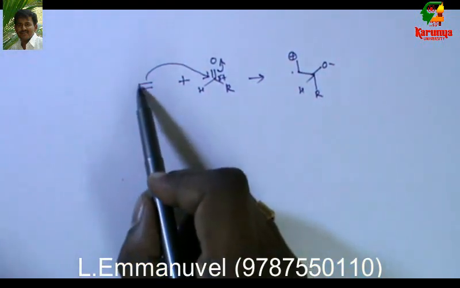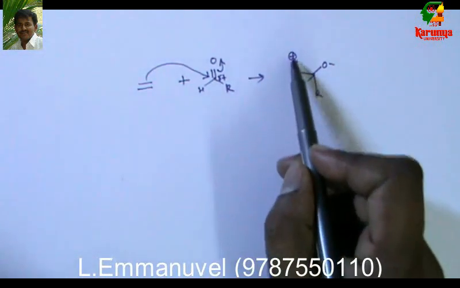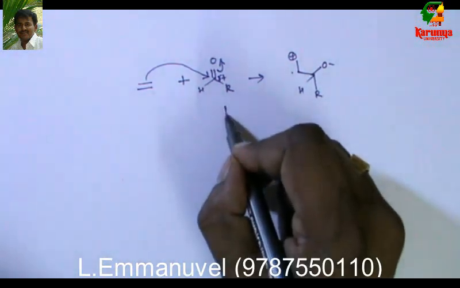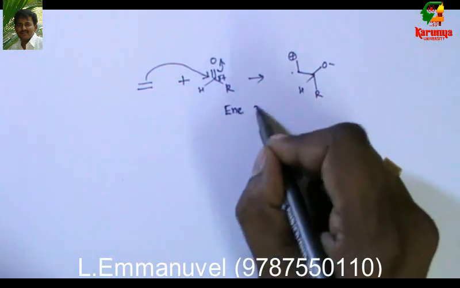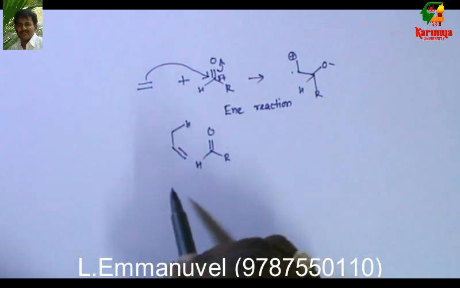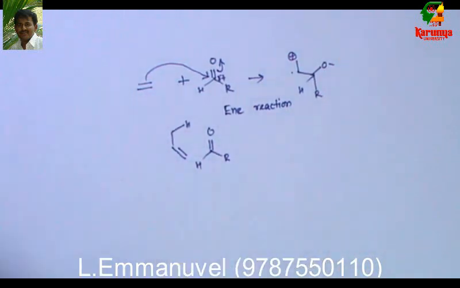So since the bond is lost on this carbon, we get a positive charge and here a minus charge. Even though I have written like this, basically it follows a 6-member transition state. This reaction is known as the Ene reaction. Basically it proceeds through a 6-member transition state.